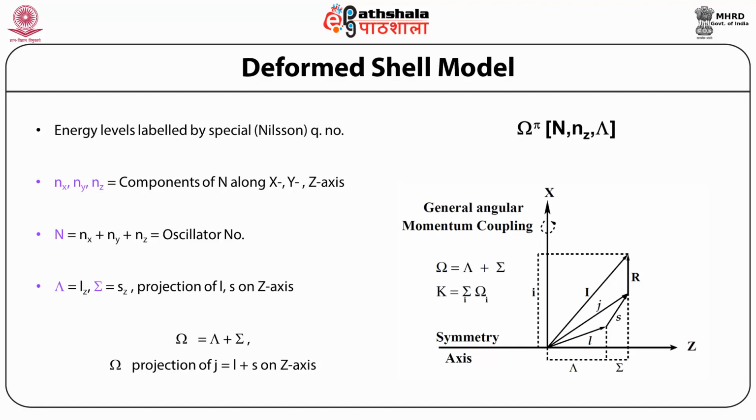So J plus R is equal to I, omega is equal to lambda plus sigma, K is equal to the modulus of omega. So various quantum numbers are geometrically represented in the figure. Here, omega is equal to lambda plus sigma, omega is the projection of J, equal to L plus S, on the z axis.